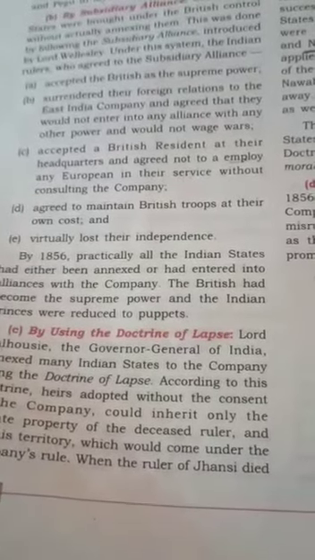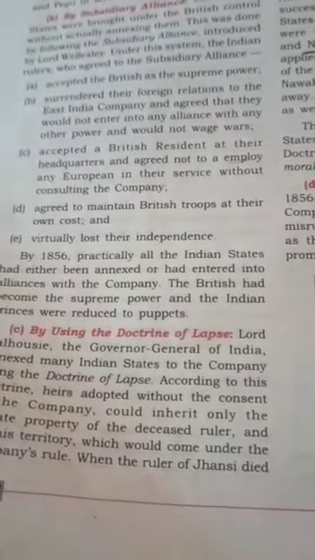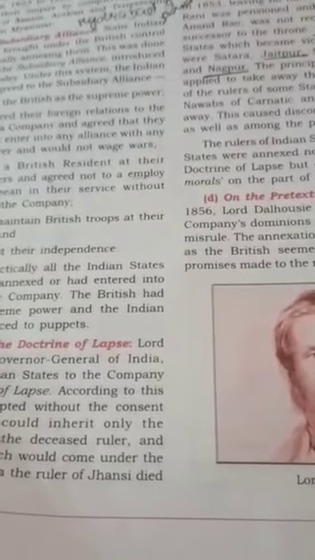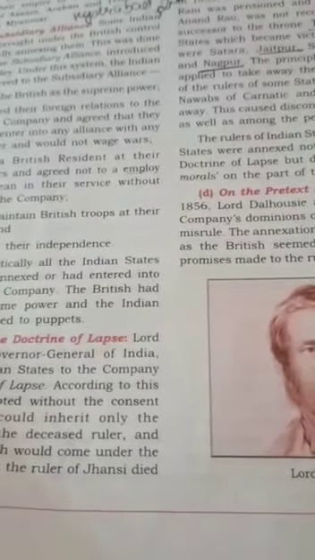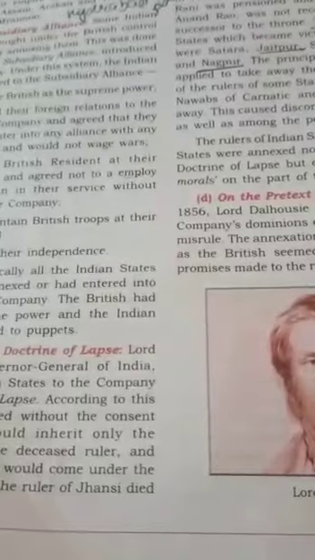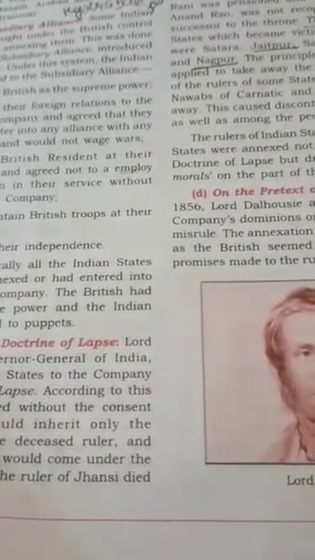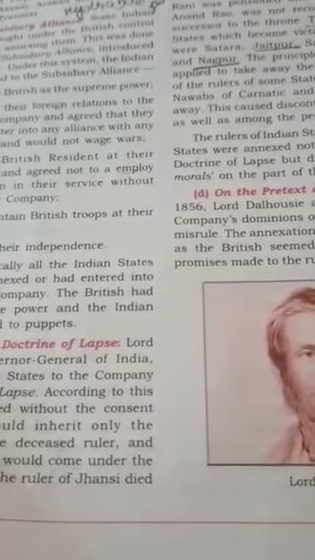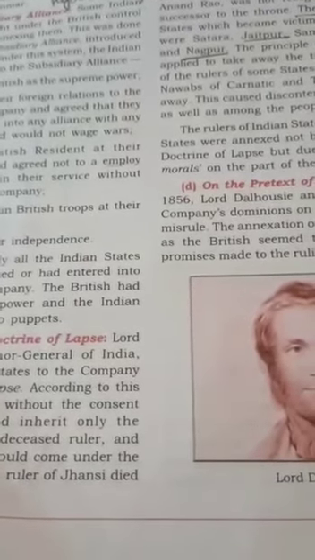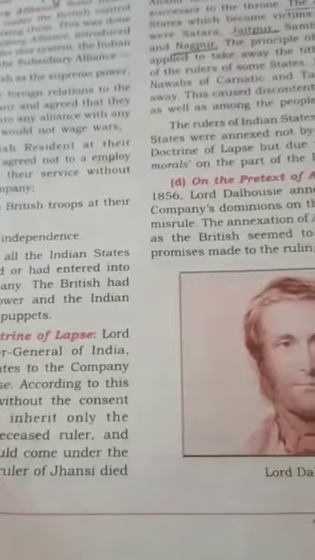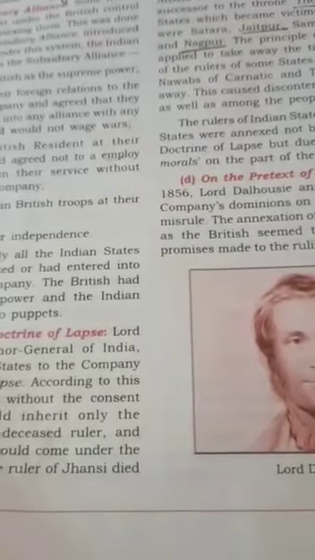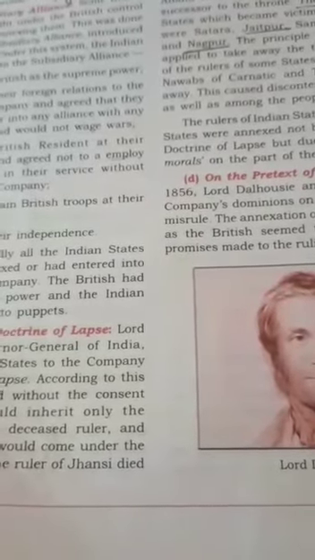Now the next point: on the pretext of alleged misrule or misgovernance, the British Lord Dalhousie annexed Awadh, and he told the Nawab of Awadh that if he merged Awadh into the British Empire, he and his people would be given full freedom and full benefits.